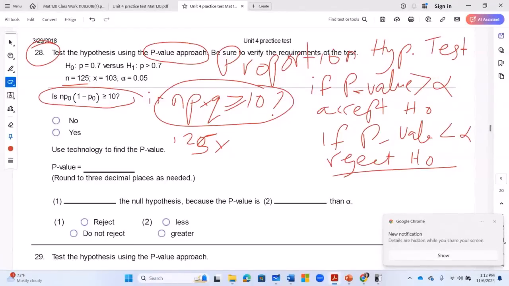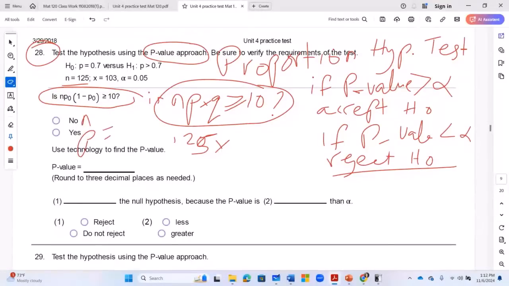What is P in this question? P is given by P hat, the number of successes over the number of trials.